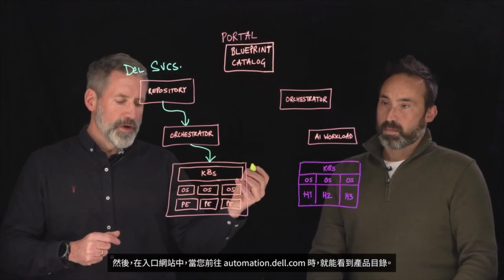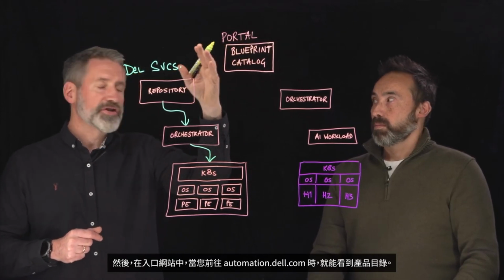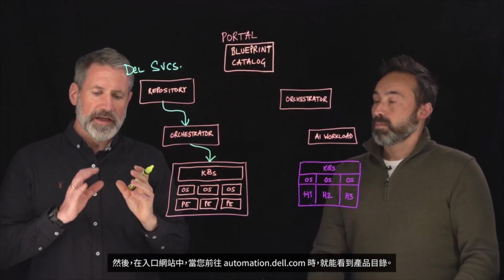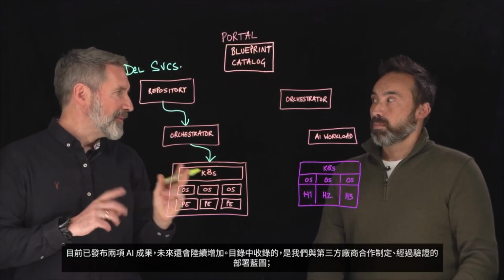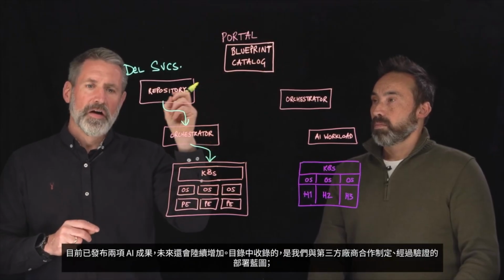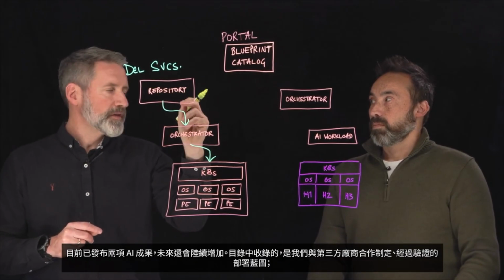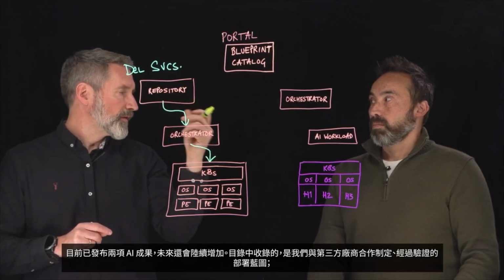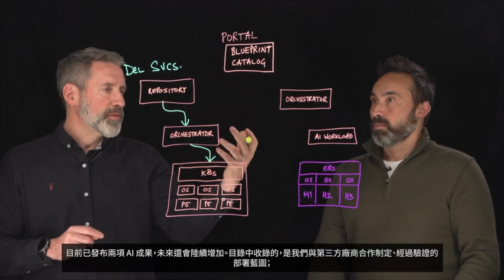Then in the portal, when you go to automation.dell.com, you can see a catalog of offerings. Currently there are 2 AI outcomes published there, but there'll be more. In that catalog are the validated blueprints that we've worked on with third-party vendors to establish how to deploy these.